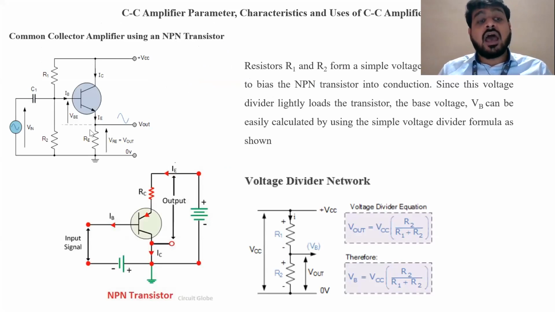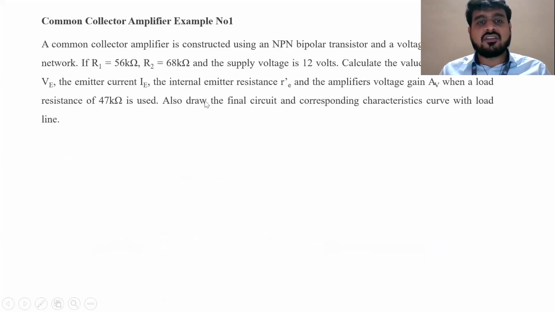So I will consider the resistor connected to the emitter as the load resistance. Clear? We just replace the value of the load resistor in place of your Re, and from there you can find the values.